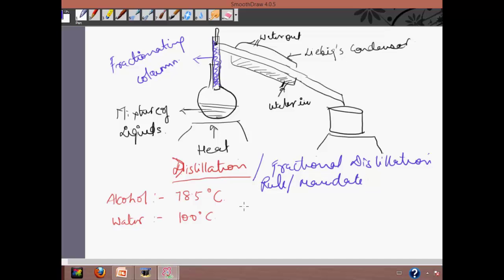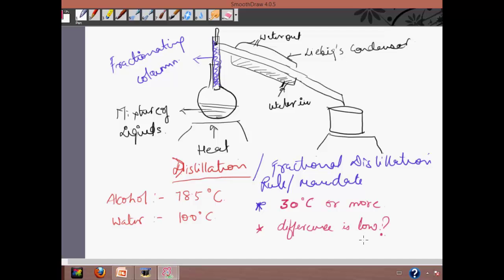If we are using fractional distillation, first, the liquids contained in the mixture should have a boiling point difference of 30 degrees centigrade or more. Second, what if the difference is low?